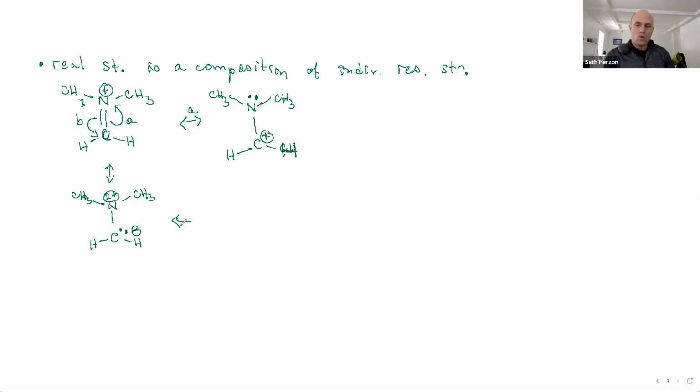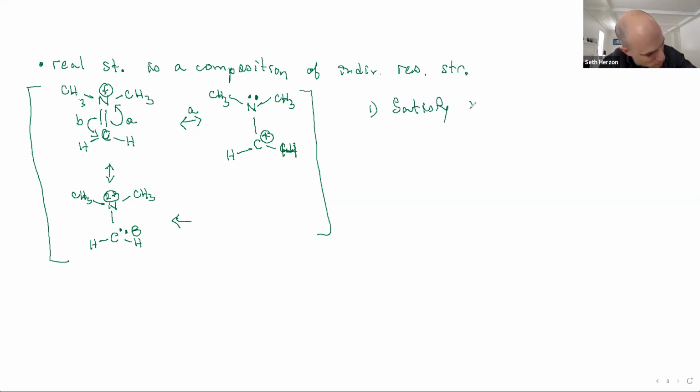So the first thing is that the best resonance structures, the ones that are the biggest contributors to the overall structure of the molecule, are the ones that satisfy the octet. Okay, and in this case, I can go around and count electrons.